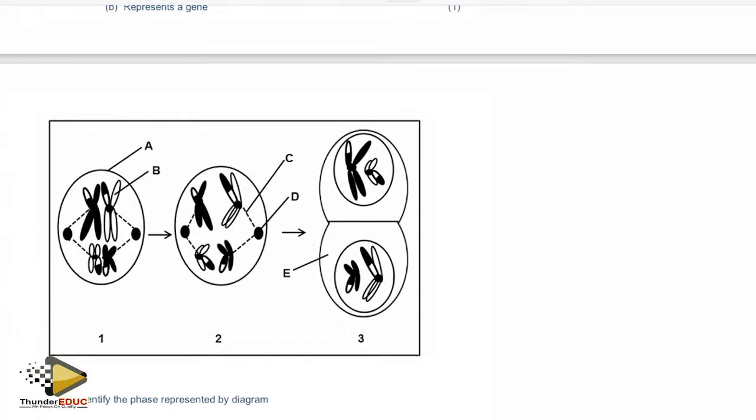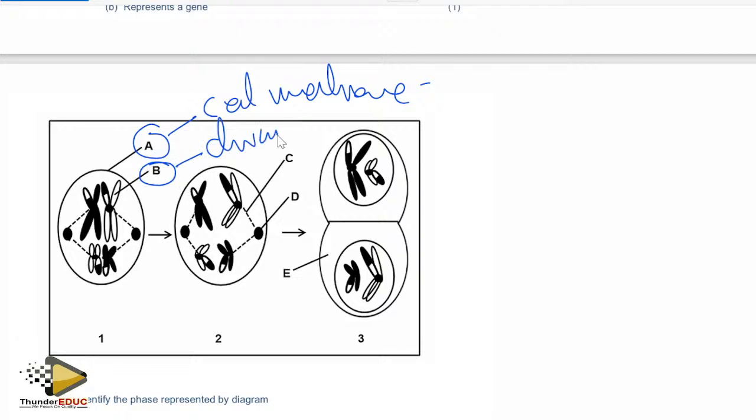When they give you questions, guys, make sure that you are able to label each and everything which is shown. For example, this is the cell membrane. This is chromatid. This is spindle fiber or thread.